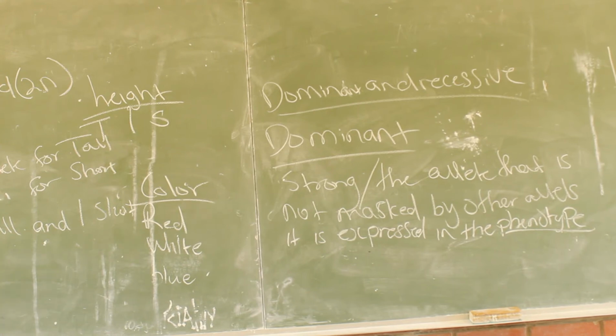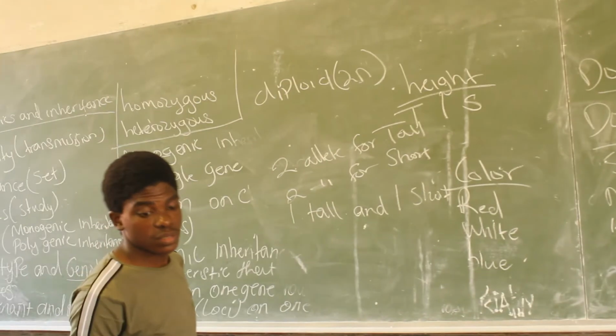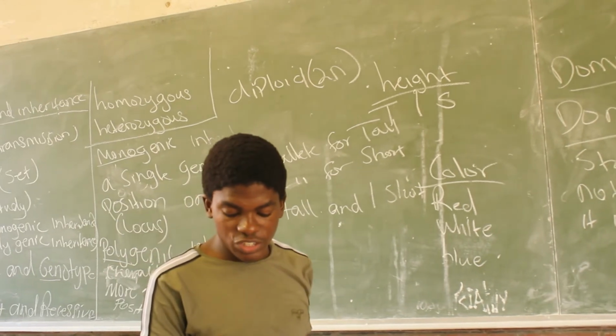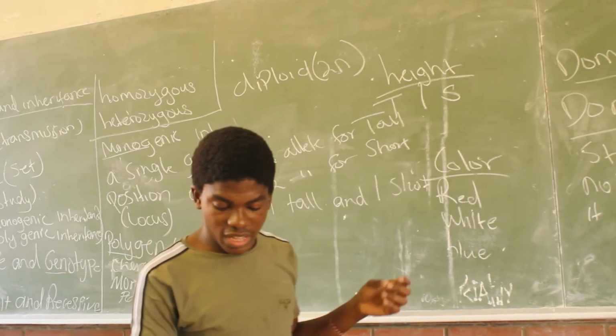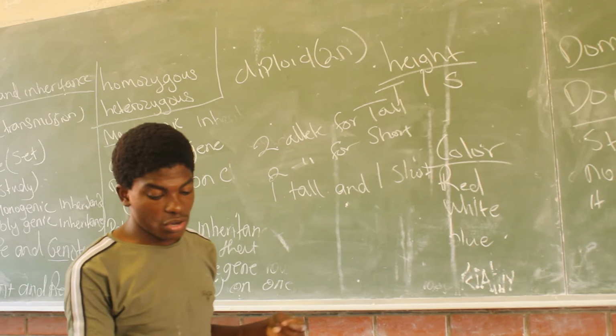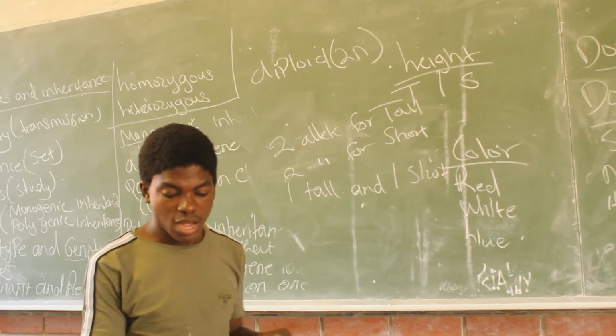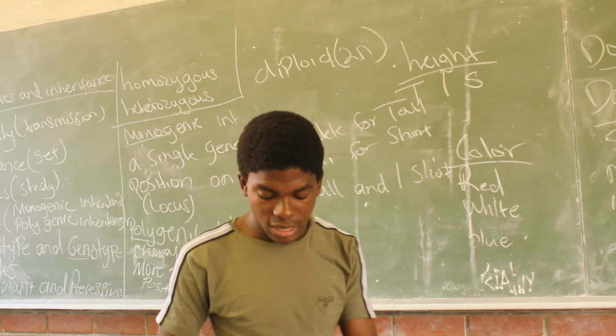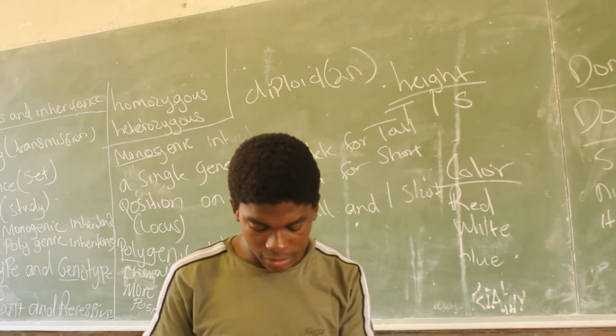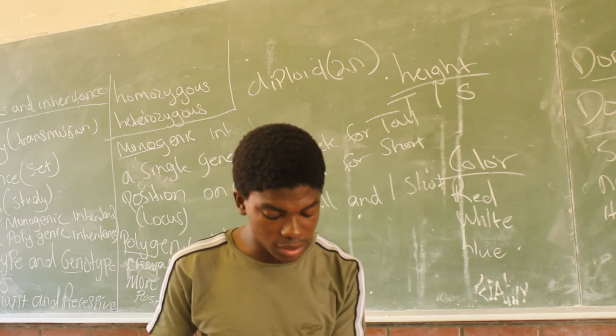I'm still going to explain those two words. The alleles of a gene may interact with each other in three ways: complete dominance, incomplete dominance and codominance, which may lead to different phenotypic expressions. Later we will see how complete dominance differs from incomplete dominance and codominance.